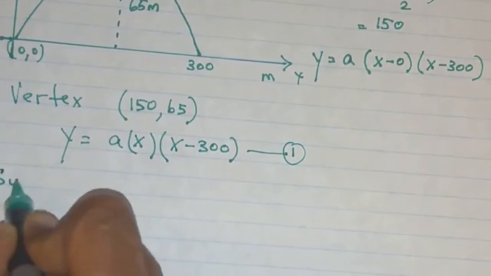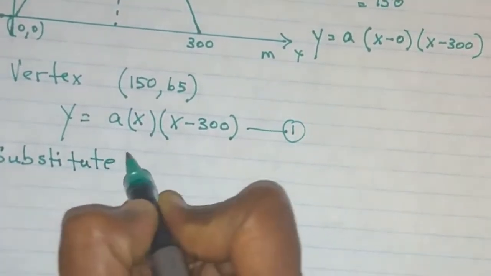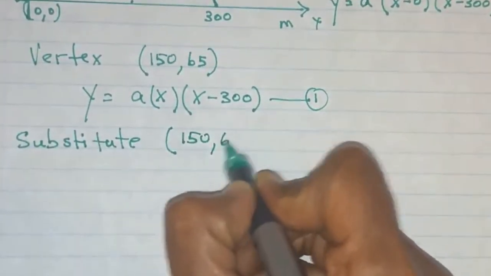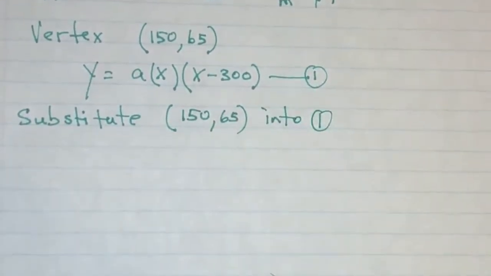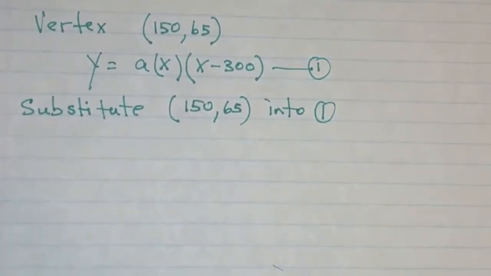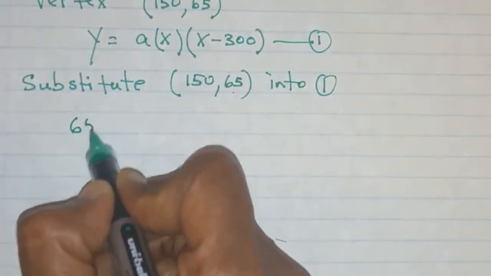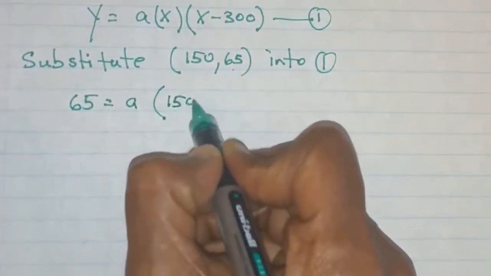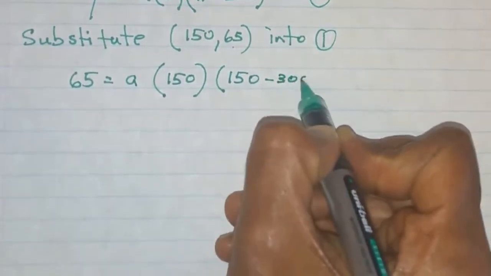Now I'm going to substitute the vertex, which is 150, 65, into equation 1. So when I do that, let's see what happens. y for me is 65, and A is what I'm trying to find. x is 150, and x is 150 again, minus 300.